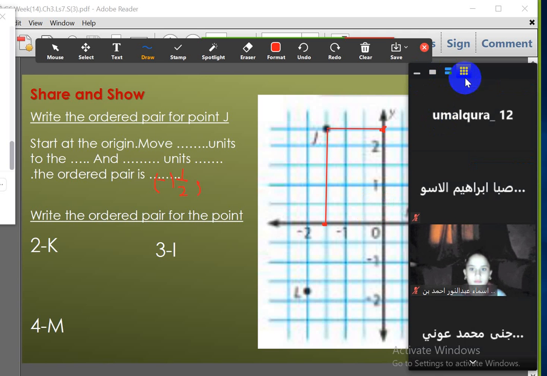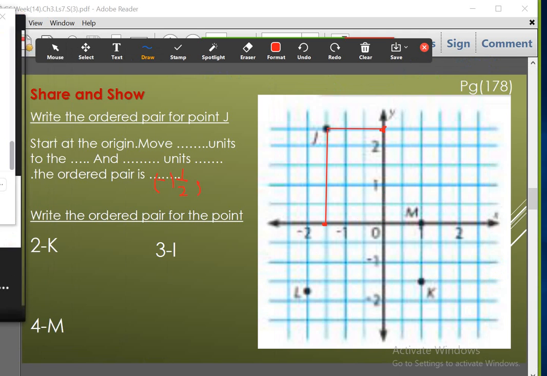The y is positive. So let's count 1, 2, and 1/2, because each square here is 1/2. That means 2 and 1/2. Those are the ordered pair for J point. Okay?